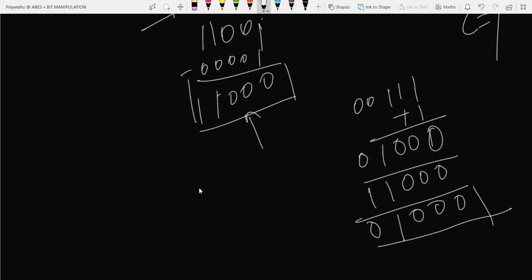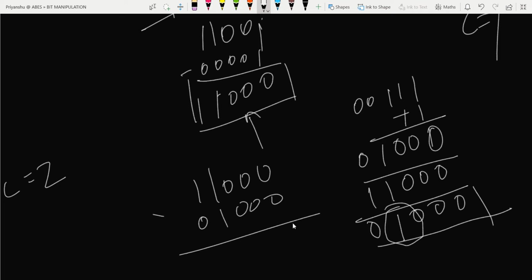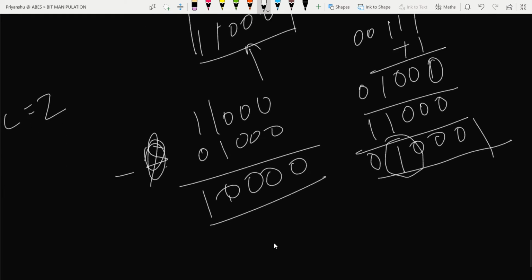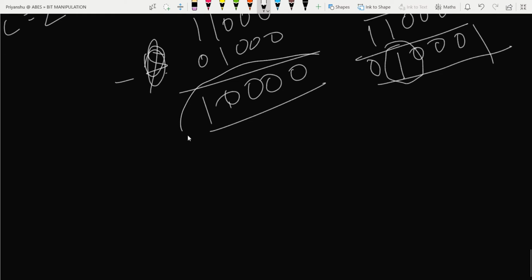So we have 1, 1, 0, 0, 0, and we have calculated it. Okay, so this would be the representation. We increase our count and our value would be 0, 1, 0, 0, 0. Any doubts? We take the AND of it now, we subtract it, so we have 0, 1. So this is the remaining bit.